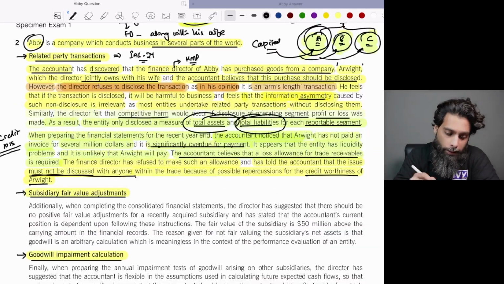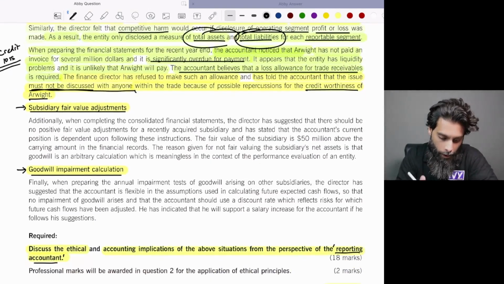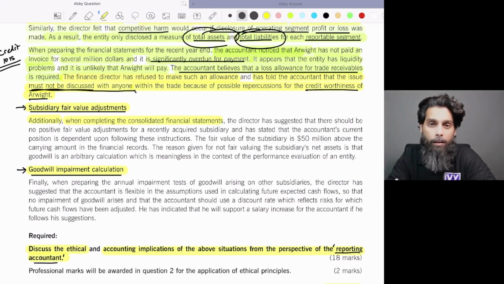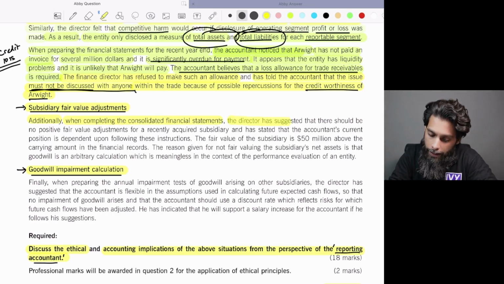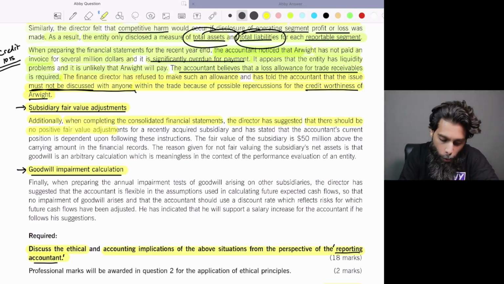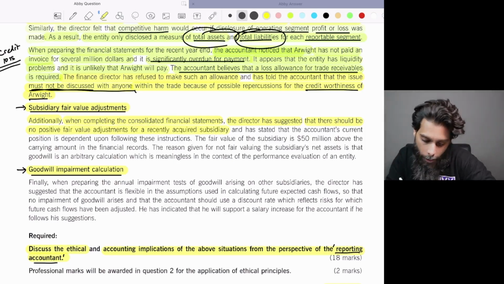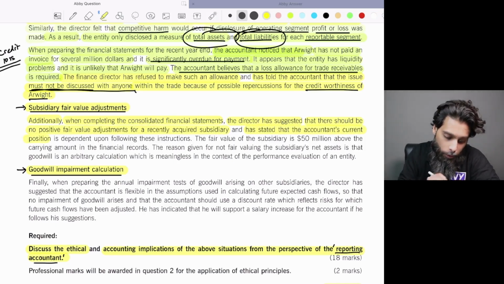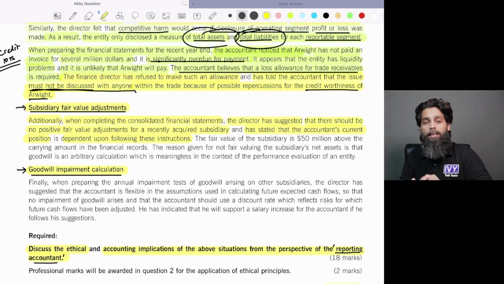Now let's move on to the second part of the question. All right. Now in this part, your examiner is saying the scenario is, additionally, when completing the consolidated financial statements, the director has suggested that there should be no positive fair value adjustments for a recently acquired subsidiary and has stated that the accountant's current position is dependent upon following these instructions.